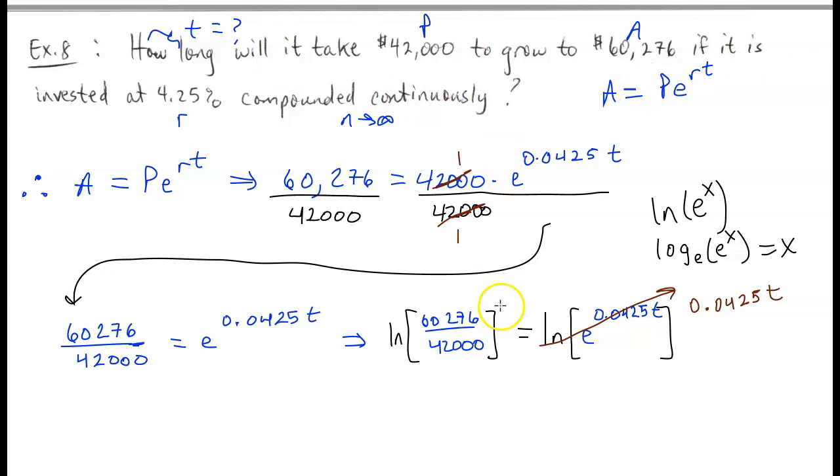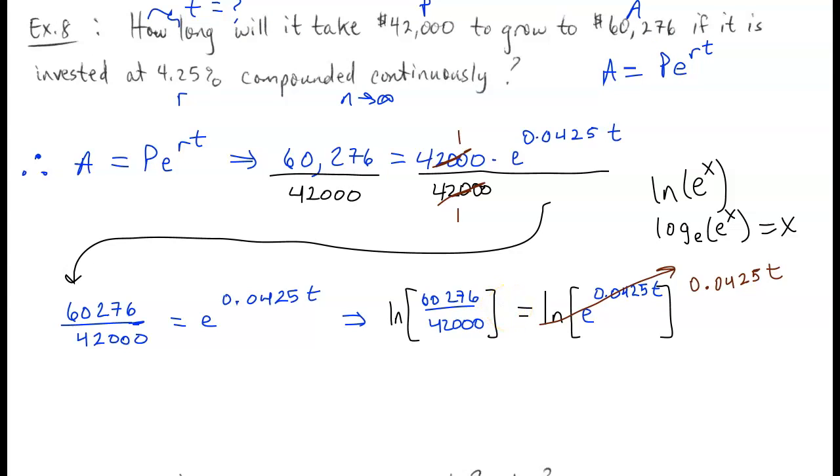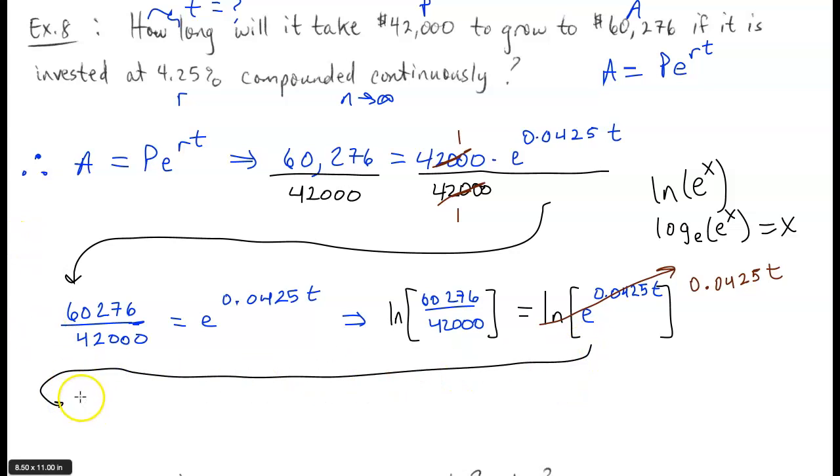And so if we carry on here, we now know that we just have natural log of this 60,276 divided by 42,000, and that's just equal to what you see here.